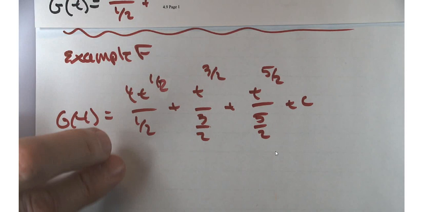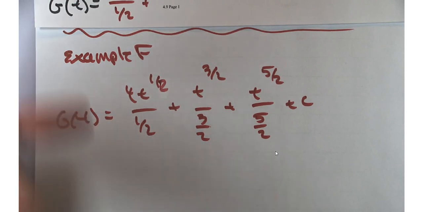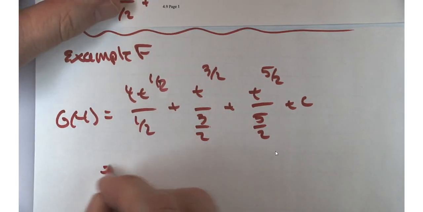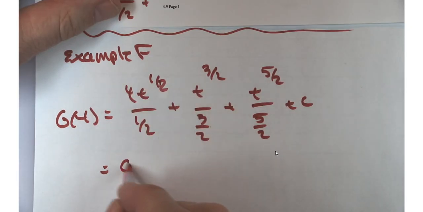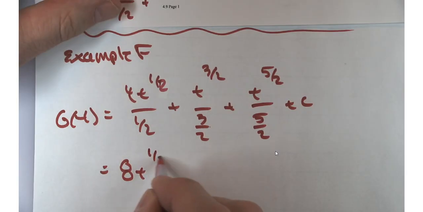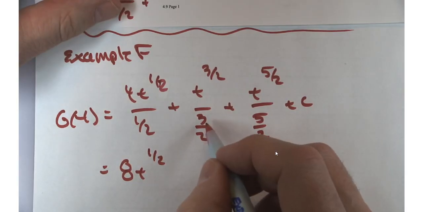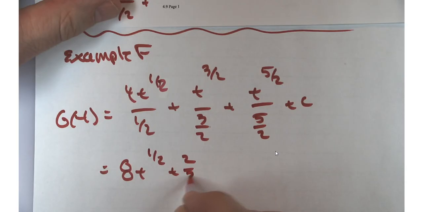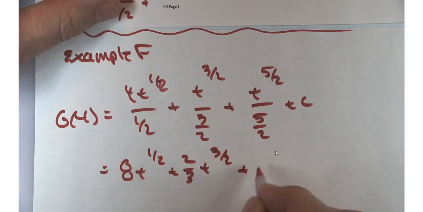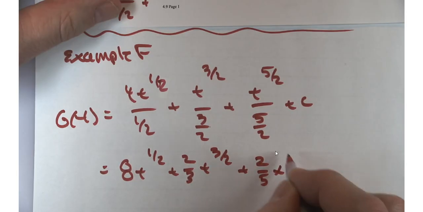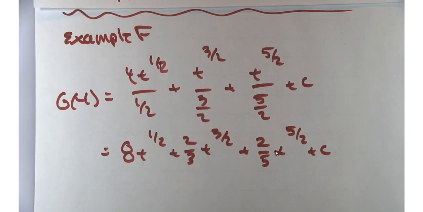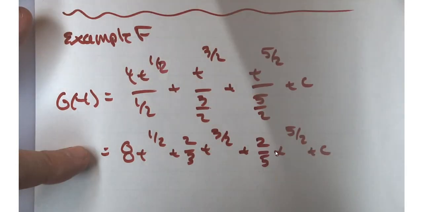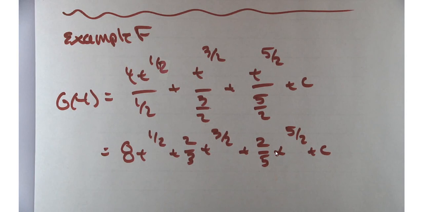But when you divide by 1/2, it's like multiplying by what? Multiplying by 2. Basically multiplying by the reciprocal here, so that will give me 8t to the 1/2. Dividing by 3/2 is like multiplying by 2/3. So 2/3 x to the 3/2 plus 2/5 x to the 5/2 plus a constant. Nice.